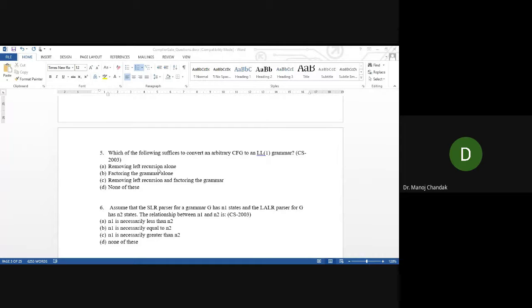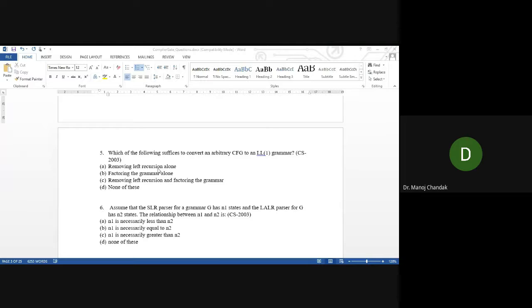Okay, so in that case what should you not permit? You should not permit left recursion and left factoring. So if you want to convert the context-free grammar to LL1, then first of all remove the left recursion and left factoring. Okay.